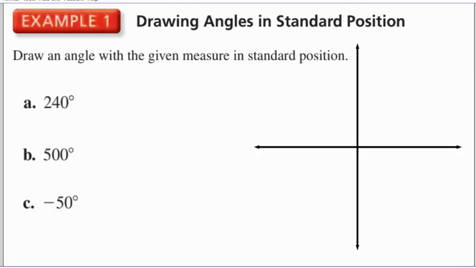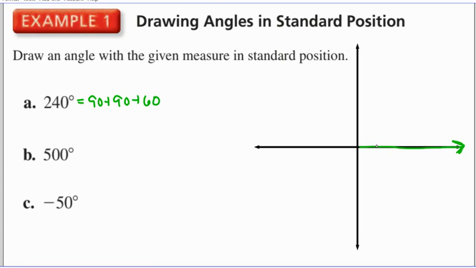Okay, so let's draw angles with the given measure in standard position. Our first angle is going to be a 240-degree angle. I could break that up and say that that is 90 plus 90 plus 60. Okay, in which case I would start, like I always do, with my initial side on the positive x-axis.